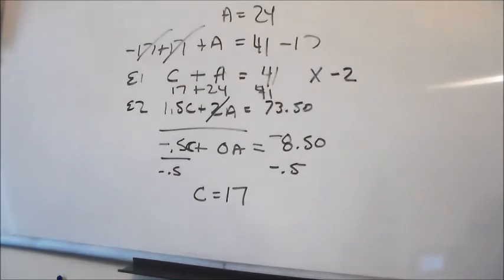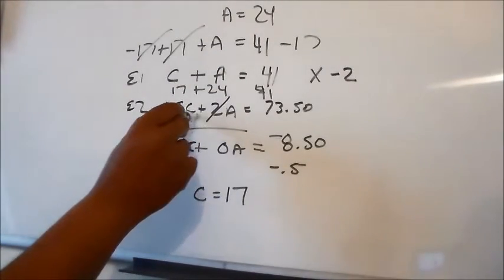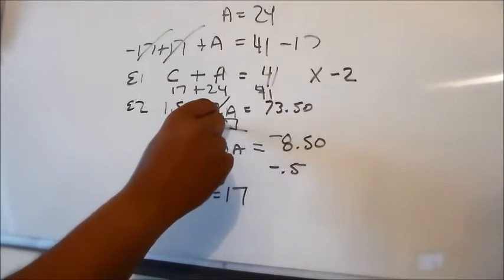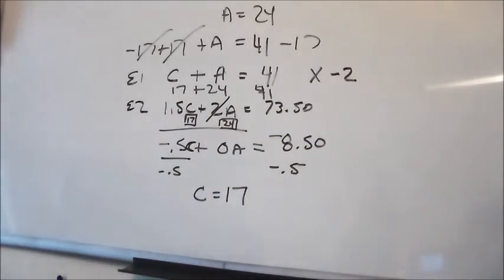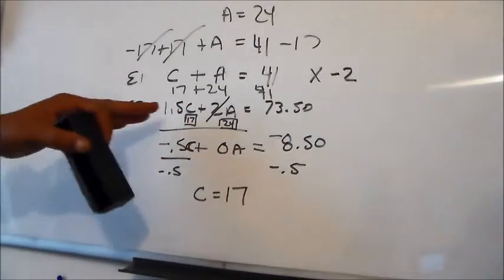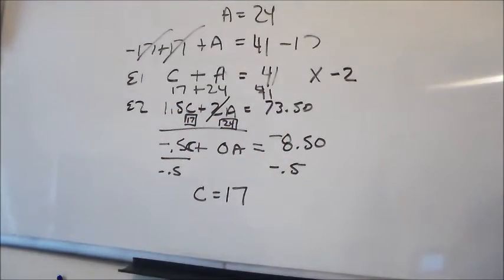The answer is yes. Then if we plug in 17 for C and 24 for A, we can come up with the monetary price of the tickets. I'll use my calculator here on my other computer.